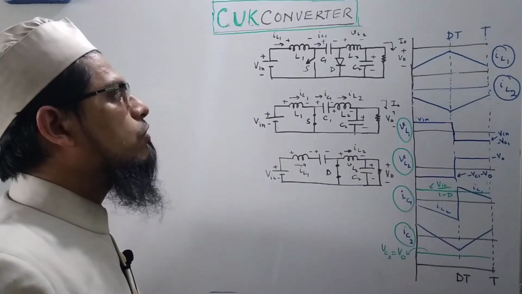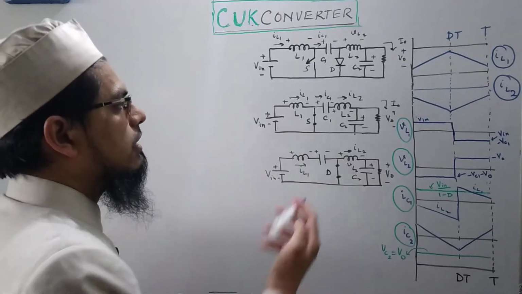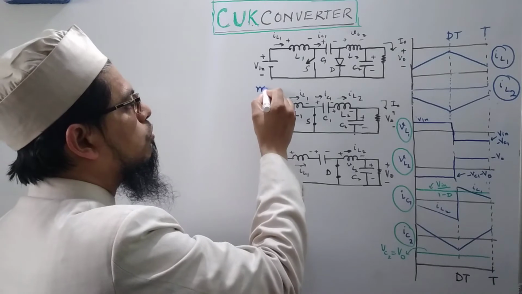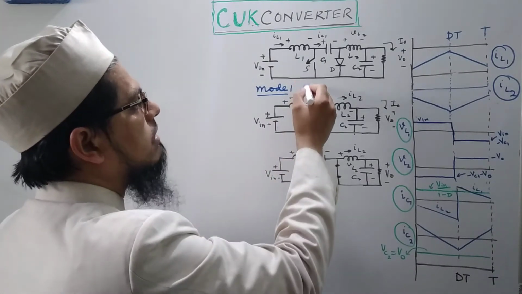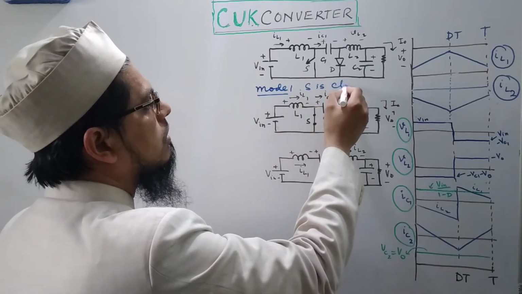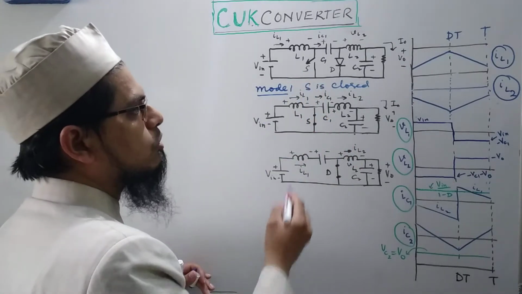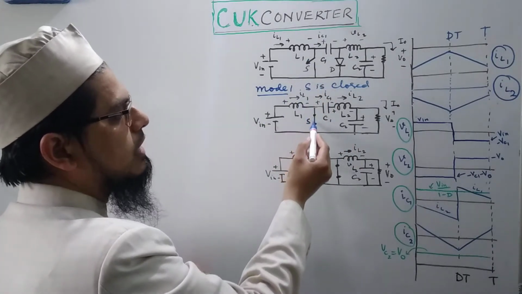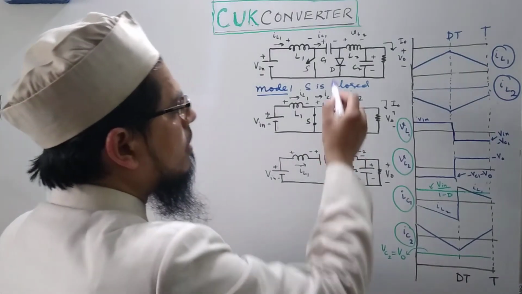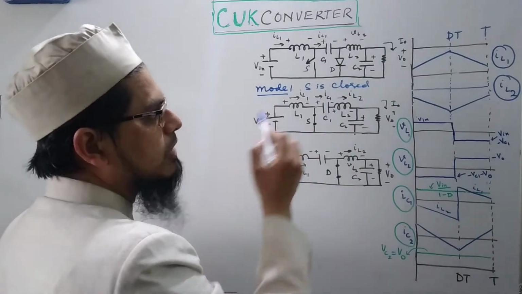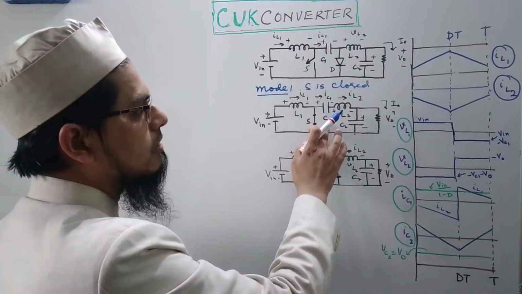Since we have only a single switch, there could only be two possible modes of operation. Mode 1 is when switch S is closed. I have drawn the circuit diagram for the case when S is closed, where I have just shorted it here. The diode will not come into picture here because it will be reverse biased in this mode.